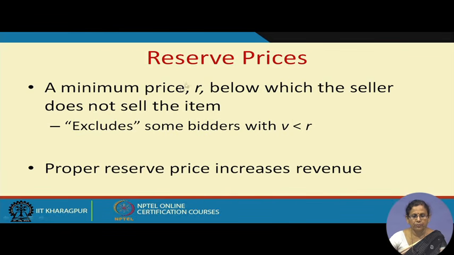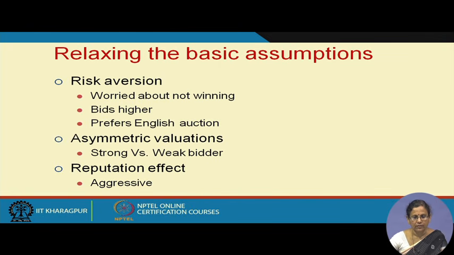Similarly, if you put a reservation price below which the seller is not willing to sell the item, it will exclude some of the bidders with lower valuation, and the expected revenue increases in the process.